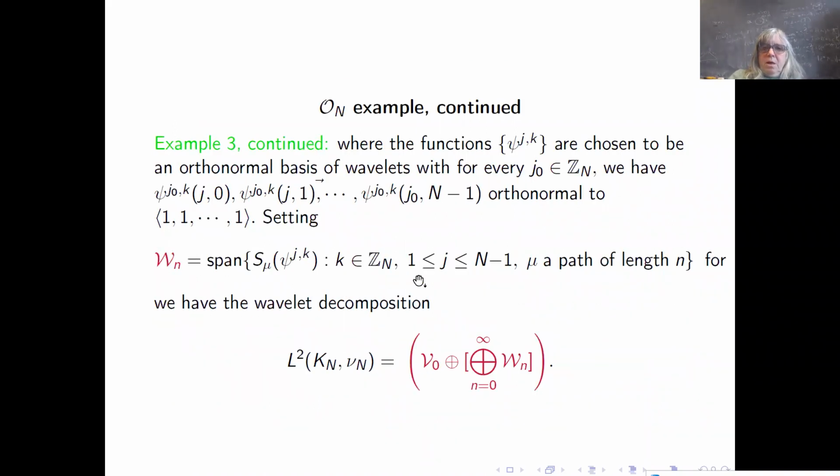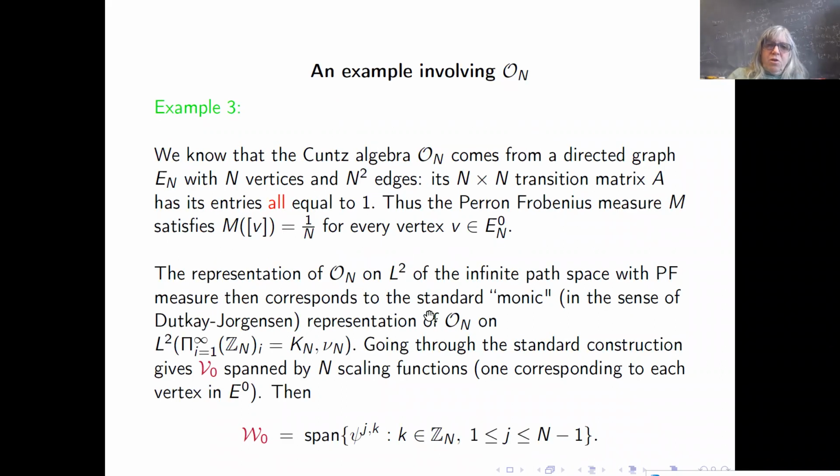Here's the Wn, and you get this so-called wavelet decomposition, which turns out to be very similar to decompositions you would know about from other methods, I believe. And this is a classic, coming from the classic monic representations of the ON due to Dutkay and Jorgensen.